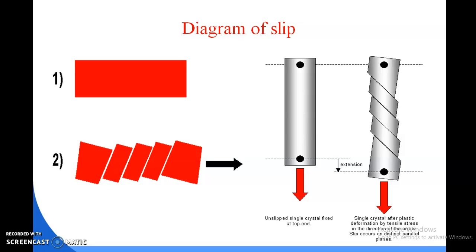Here we can clearly say that this is the slip deformation. In both diagrams, an external force makes parts of the crystal lattice glide along each other, changing the material's geometry.